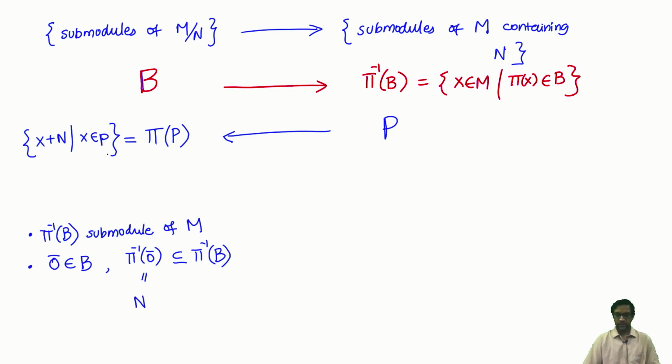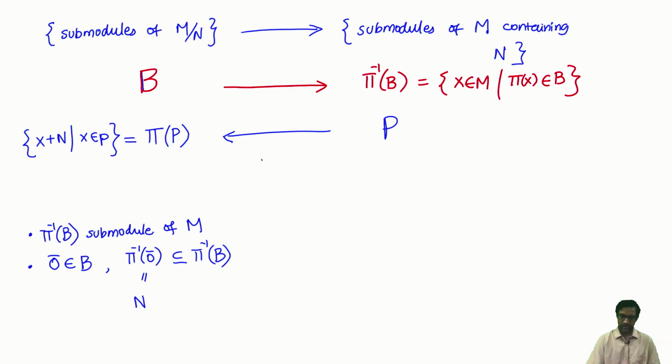So these are the two maps, and I claim that these two maps are inverses of each other, that they give you the bijection that you want. Or equivalently you could say that you can take any one of the two maps, let's say the red map, and show that it is one-to-one and onto.